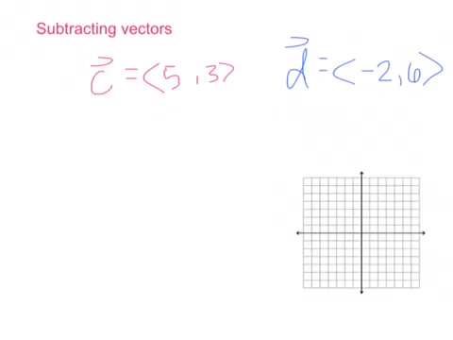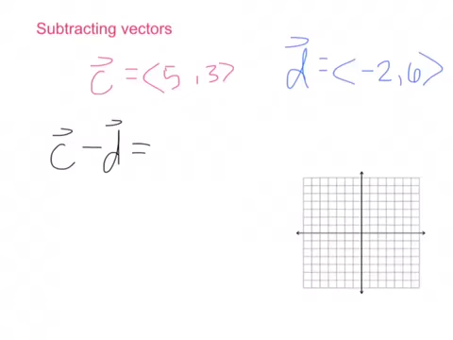Subtracting vectors works very similarly. Each vector has a horizontal component, and so if you do vector C minus vector D, remember with addition, it doesn't matter what order you add things in. Subtraction, it does matter. You always have to do the first one minus the second one.